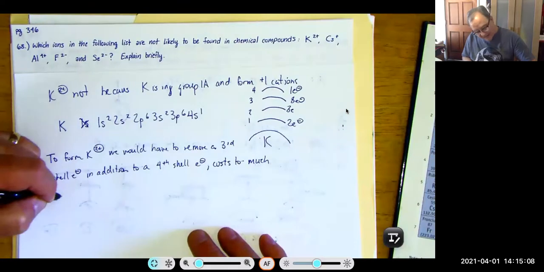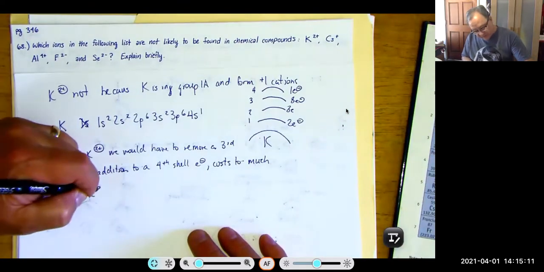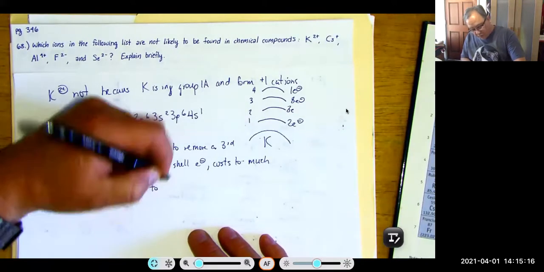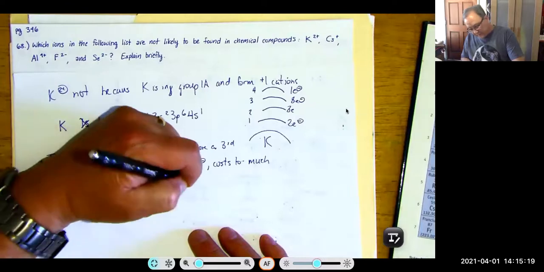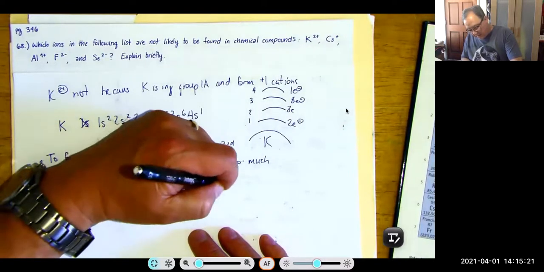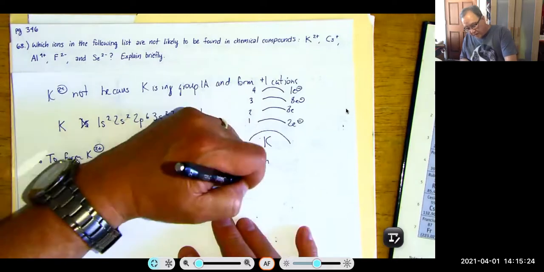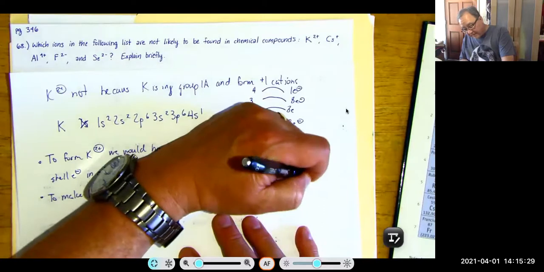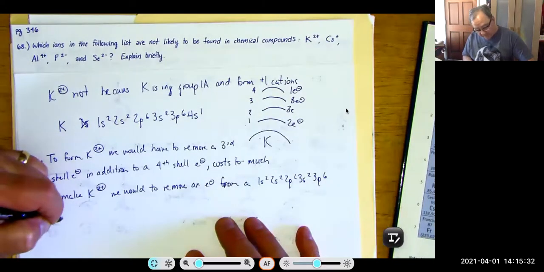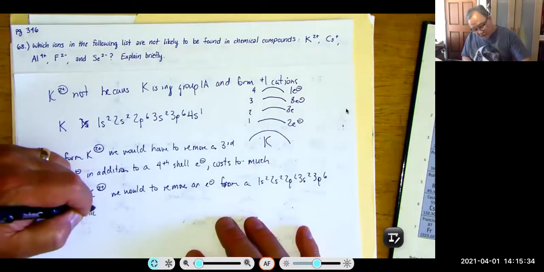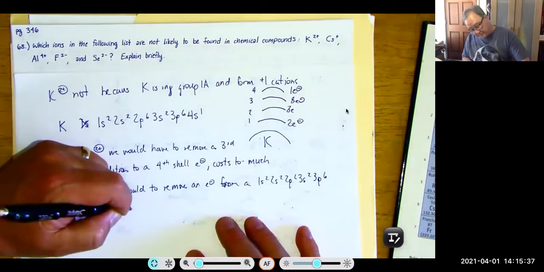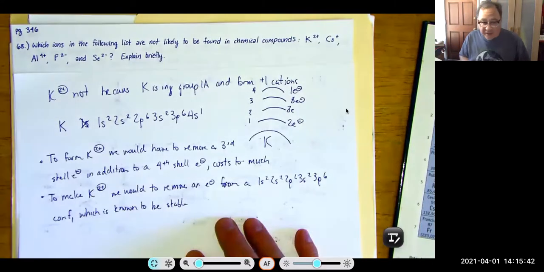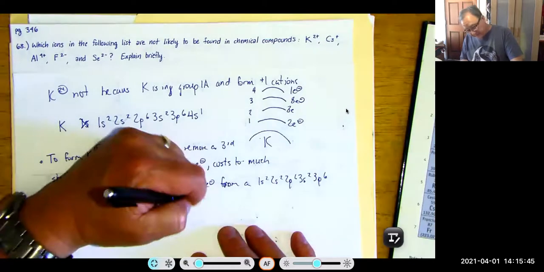To make K2+, we would have to remove an electron from a 1s2, 2s2, 2p6, 3s2, 3p6 configuration, which is known to be stable because it's the same electron configuration as a noble gas.